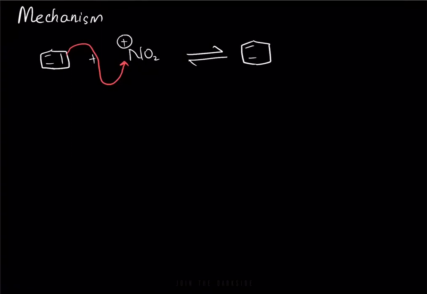And this carbocation is going to be in resonance with 3 other structures. Okay, and the base is going to come in and abstract this hydrogen. These electrons will thrust back in to reform the aromatic ring structure.